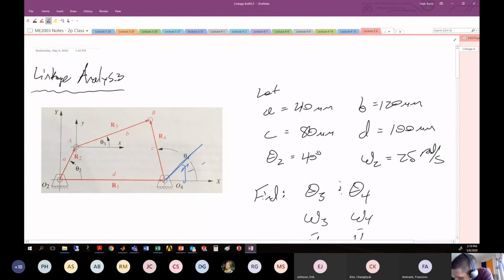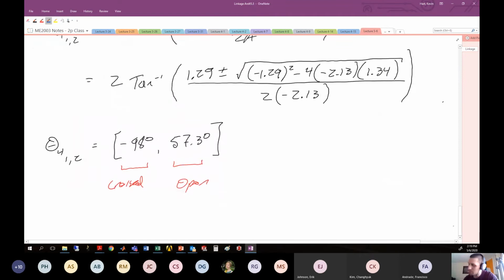Here's your 57.3 degrees, which would indicate that this is probably going to be the open configuration, when you consider this link connecting. It's going to look like an open configuration. So you can see that the 57.3 is intuitively probably the open configuration, and the negative 98 degrees is probably the crossed configuration. Hopefully we're understanding what that is physically after going through the math.